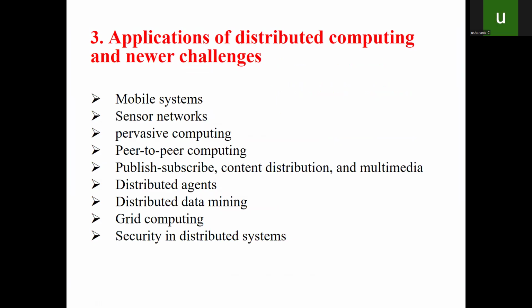First one is mobile systems, sensor networks, and pervasive computing, that is computing embedded seamlessly into the everyday environment. And the next one is peer-to-peer computing, publish-subscribe, content distribution and multimedia. Next one is distributed agents, distributed data mining, grid computing, and security in distributed systems.